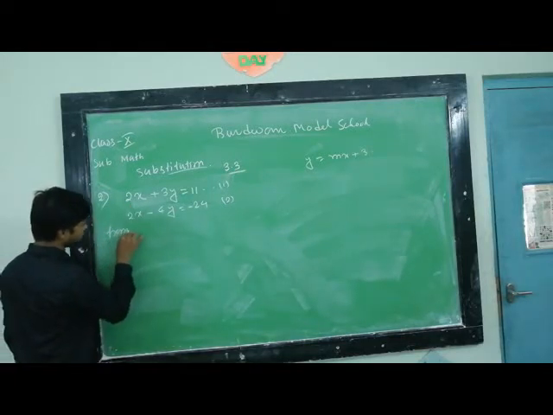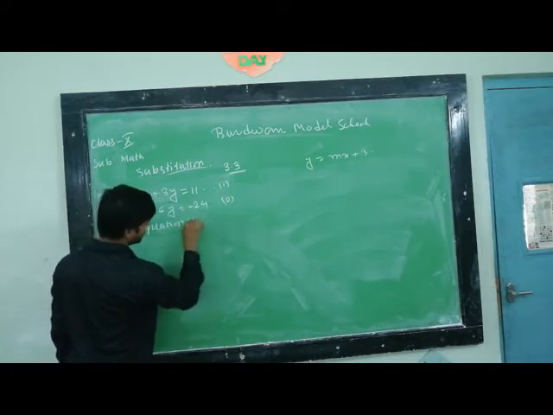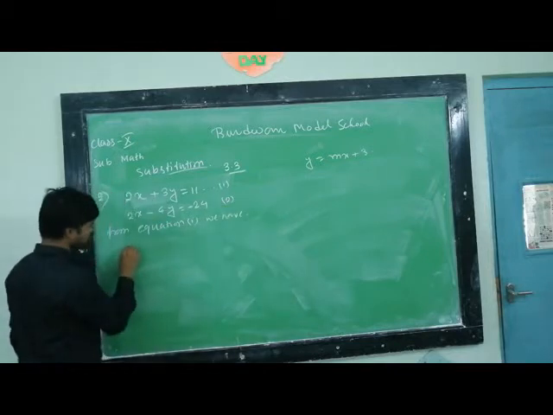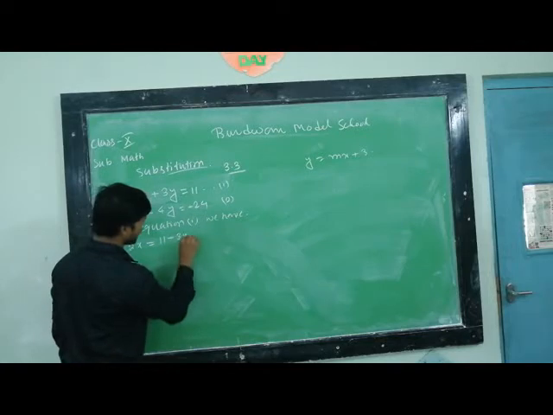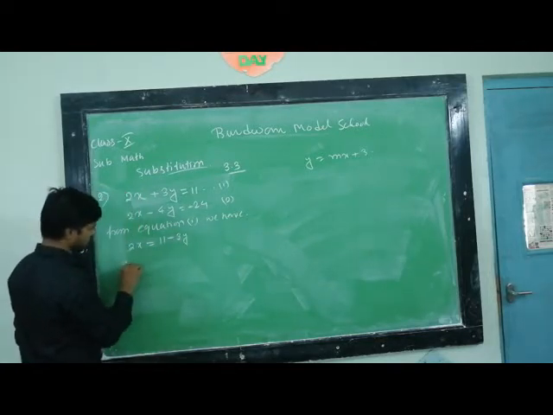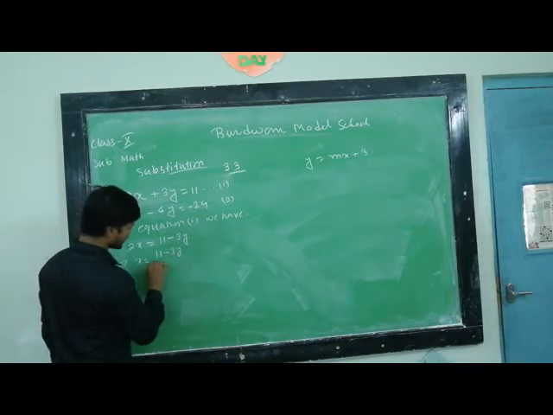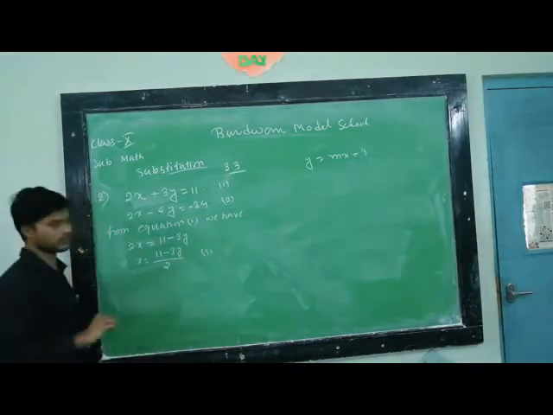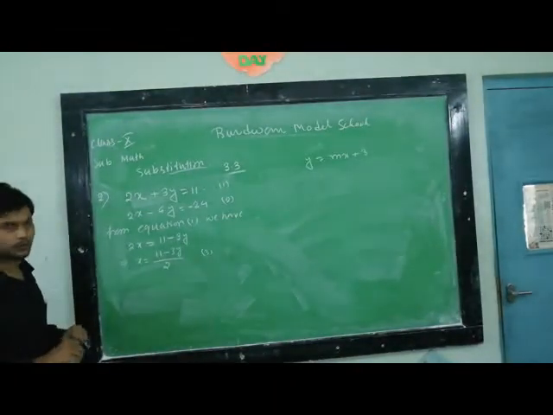So from equation 1 we have 2x is equal to 11 minus 3y. That means x is equal to 11 minus 3y by 2. This is our equation number 3. Now substitute this value of x in equation number 2.